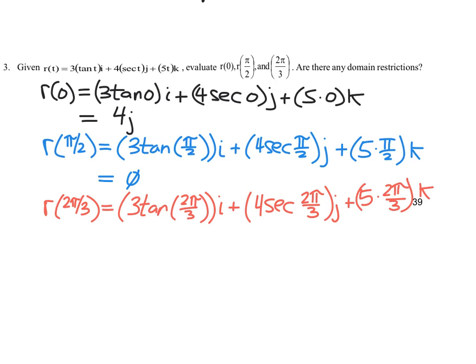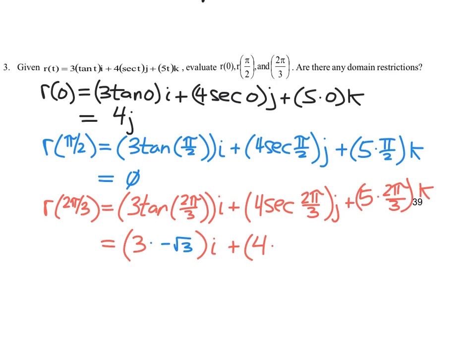All right, so we're looking at 3 times negative root 3 i, because it's sine over cosine. So at 2 pi over 3, the sine value is root 3 over 2. The cosine value is negative 1/2. Simplify, you get negative root 3. Or it could just be memorization. 4 times, well, the reciprocal of the cosine value at 2 pi over 3.